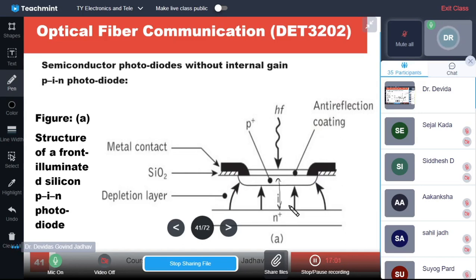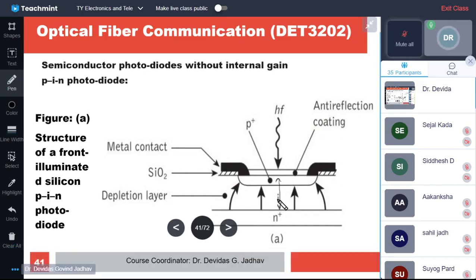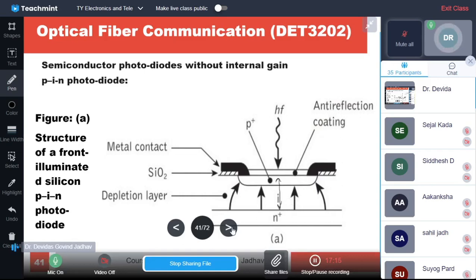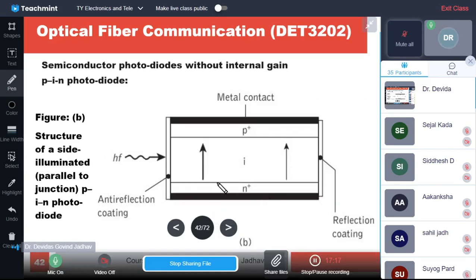To have better absorption, we have to increase the depletion region, but that reduces the responsivity. To reduce this problem, the depletion width is kept optimum, but the absorption region is increased to a large value. So this is the perpendicular distance to the junction, and then the photons are absorbed parallel to the junction.